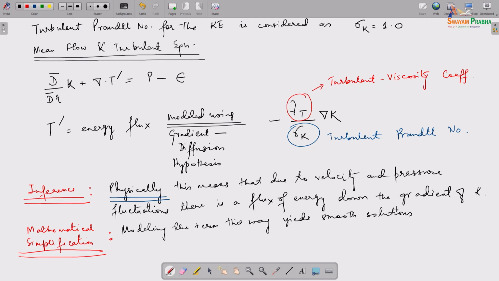Okay, and a boundary condition can be imposed on the boundary of the solution domain, can be imposed on K everywhere on the boundary of the solution domain.